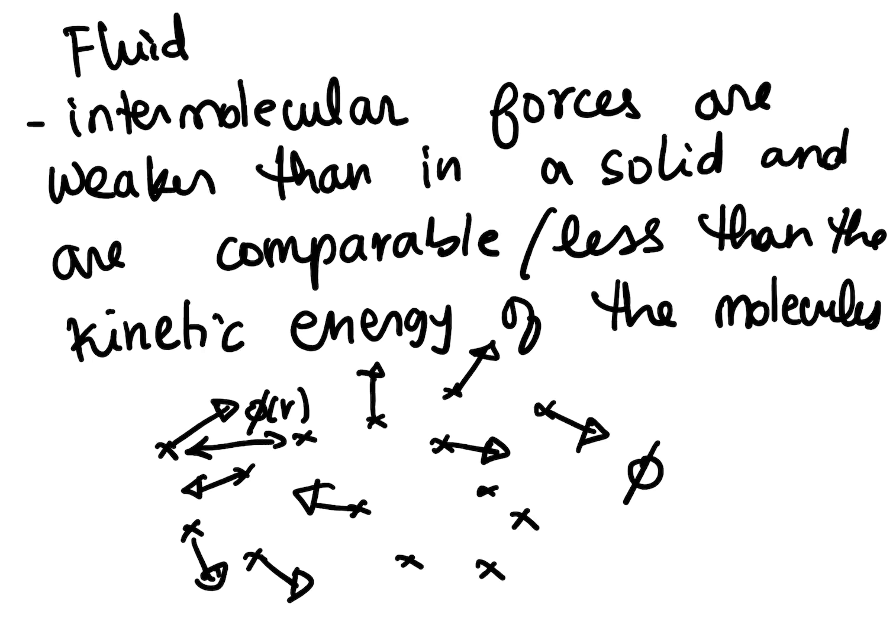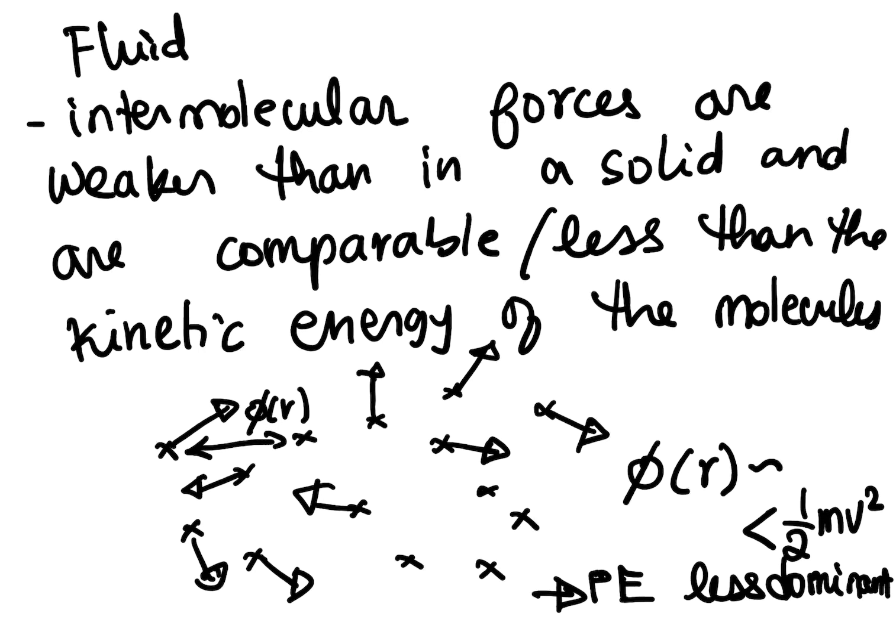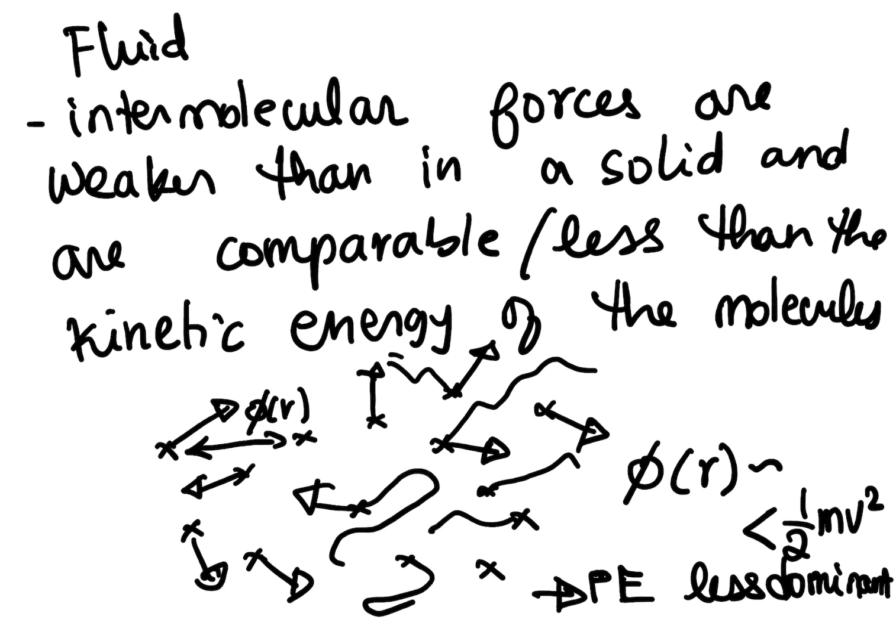For a liquid, the potential energy is either comparable or less than the kinetic energy, making the potential energy less dominant in this case. So as a result, the atoms or molecules are more free to move. They go around from their location for relatively long distances, and that's what makes them a liquid or a gas.